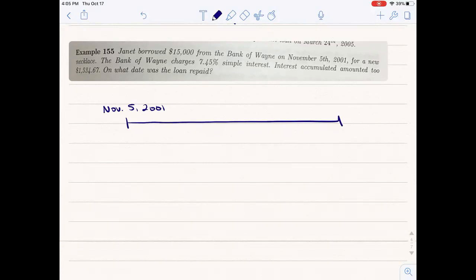And the amount was $15,000 on that date. Here, I'm just going to put a question mark here because that's what we're ultimately trying to find, because the question says, on what date was the loan repaid? Right, so we're going to try to find this date here.